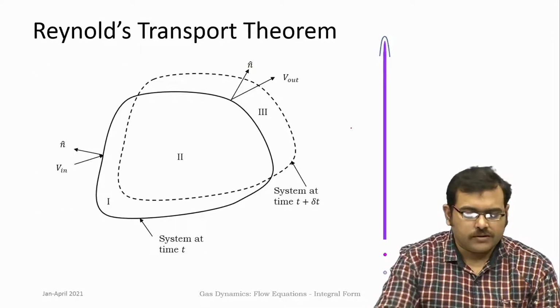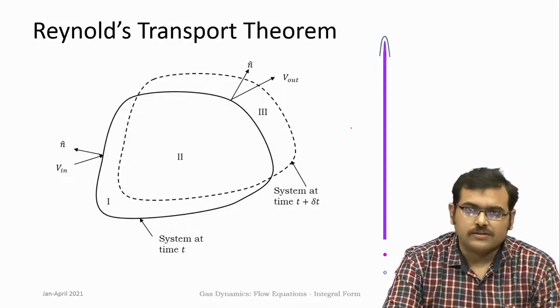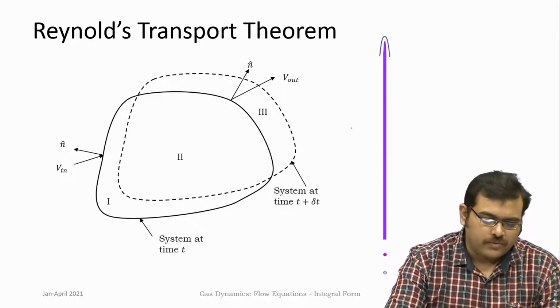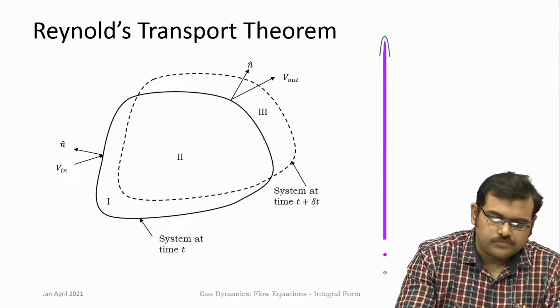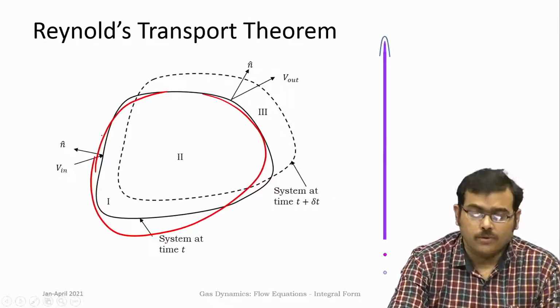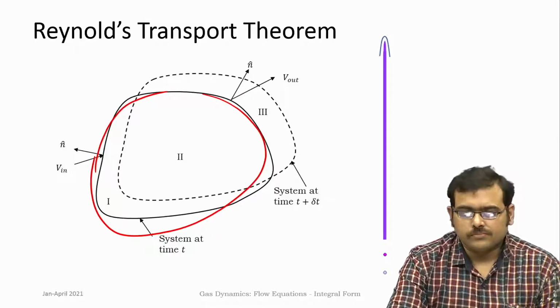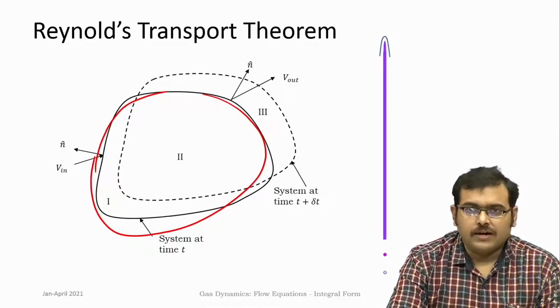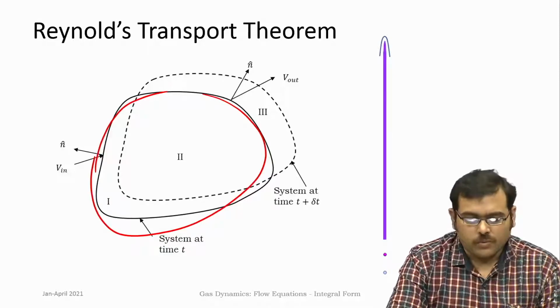For the control volume approach, the essential methodology is the Reynolds transport theorem, where an arbitrary control volume is constructed around the fluid flow that we want to analyze, and we look at the conservation of different quantities like the mass, the momentum and the energy within the control volume.